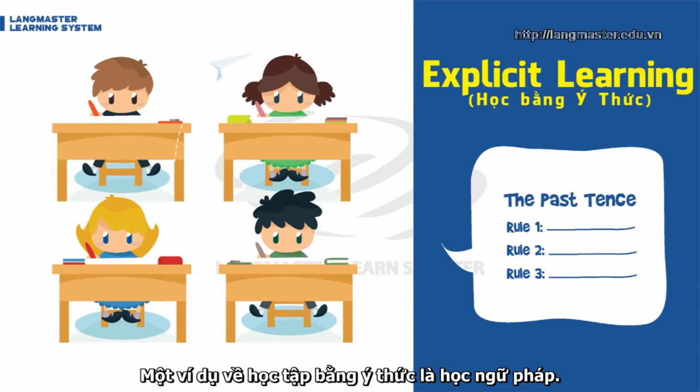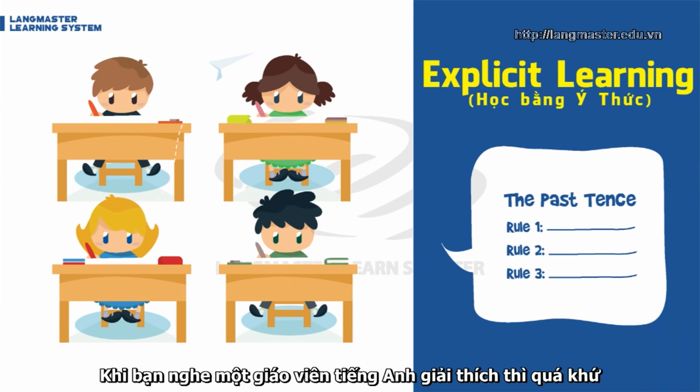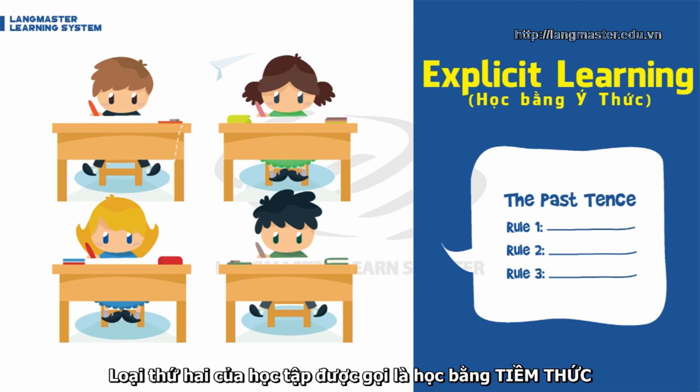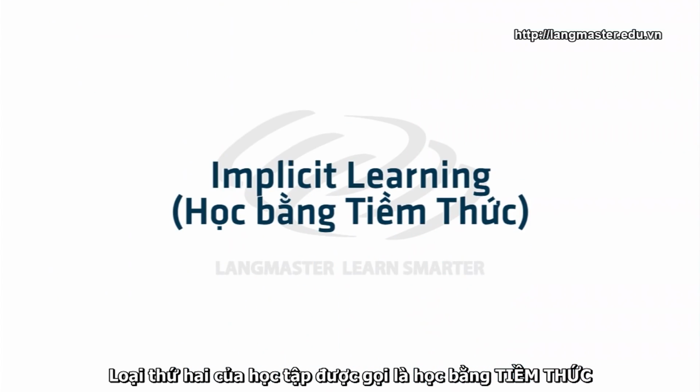One example of explicit learning is studying grammar. When you listen to an English teacher explaining the past tense, you're learning English explicitly by consciously memorizing how to use the past tense.